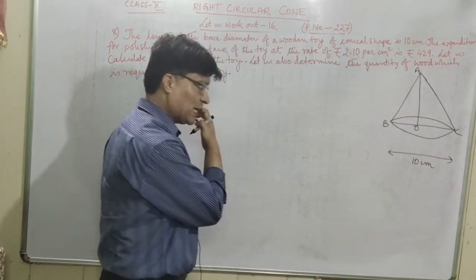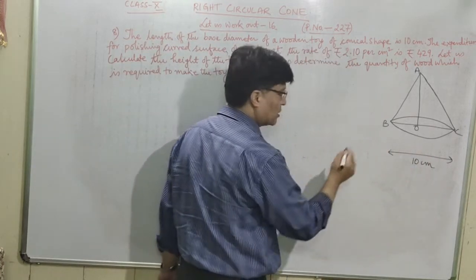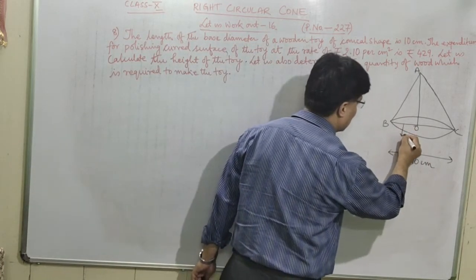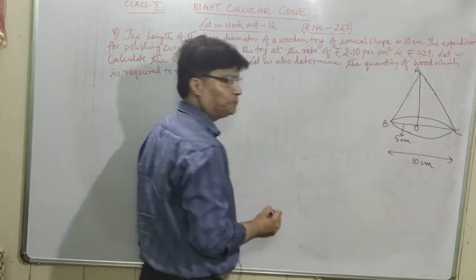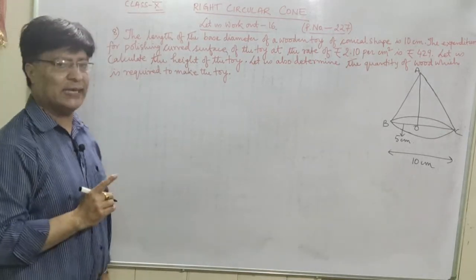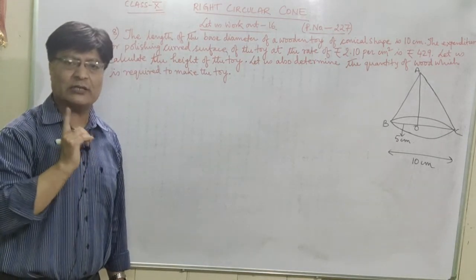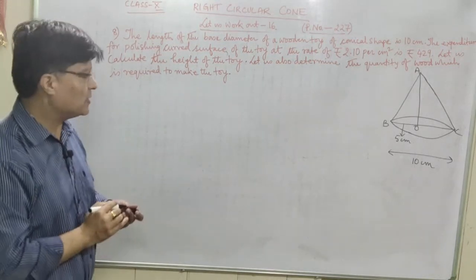So since the base diameter is 10 centimeter, what is the radius of the base? Radius of the base is 5 centimeter. Is that clear? Now in this case, you should find out the curved surface area of the conical toy. So how can you find it?